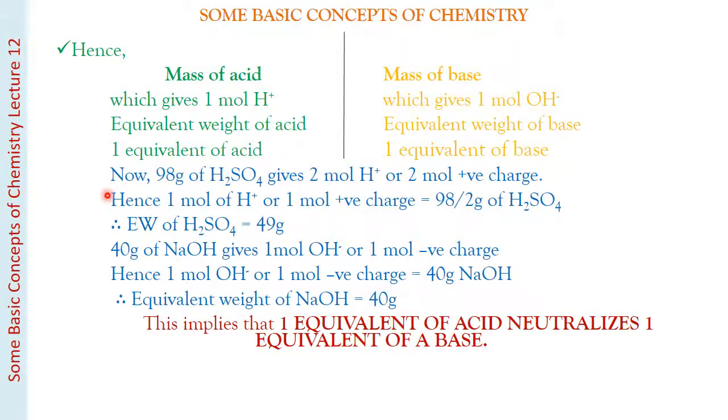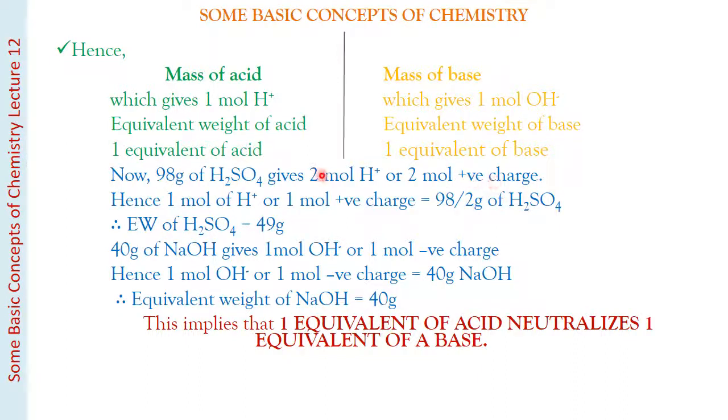So if we now apply this to our H2SO4 and NaOH neutralization reaction, we get that 98 grams of H2SO4 gives 2 moles of H+ ions. Why 2 moles? This is the molecular mass, and from this we are getting 2 H+ ions. So 98 grams of H2SO4 gives 2 moles of H+ ions or 2 moles of positive charge.